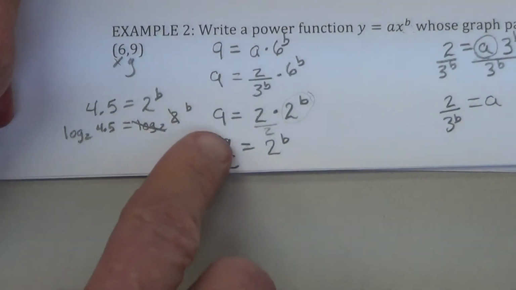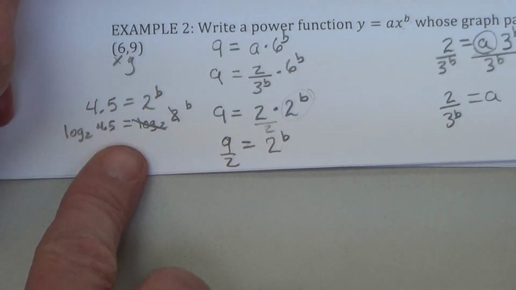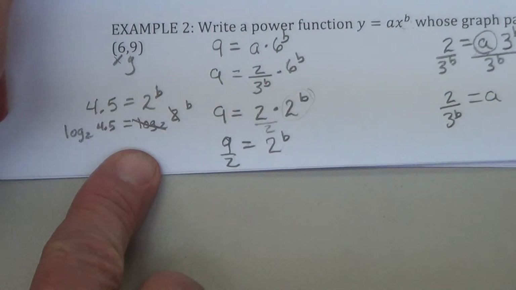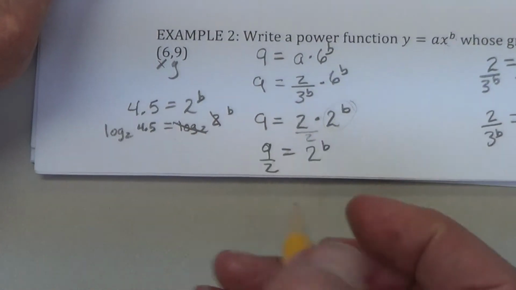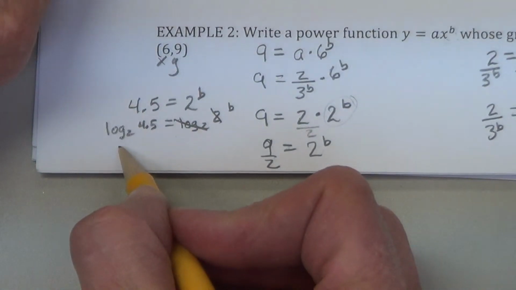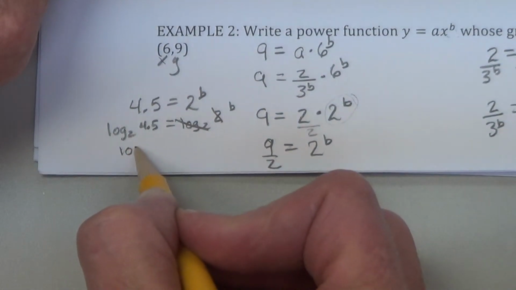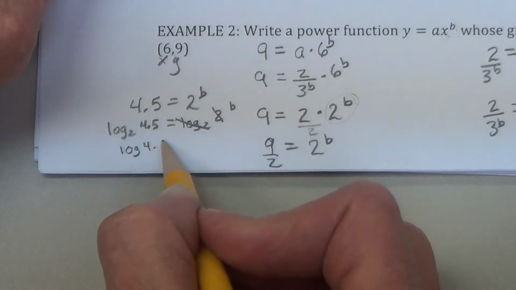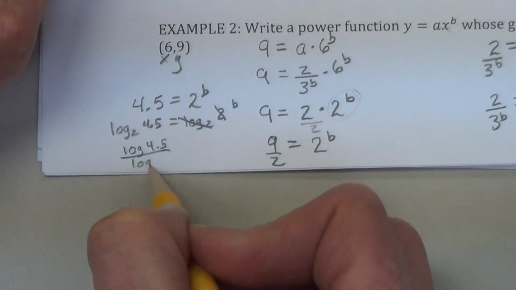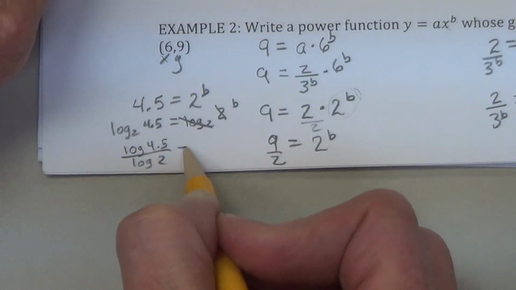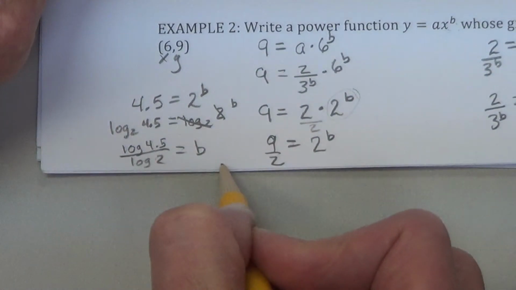So now we know that b equals log 2 4.5. In order to calculate that and put it in a calculator, we have to change the base. We have to say log 4.5 divided by log 2 equals b.